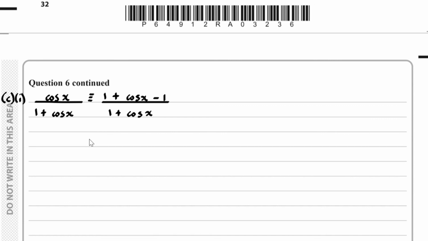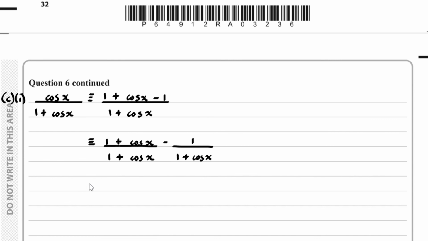And therefore we can rewrite this as 1 plus cos x over 1 plus cos x minus 1 over 1 plus cos x.